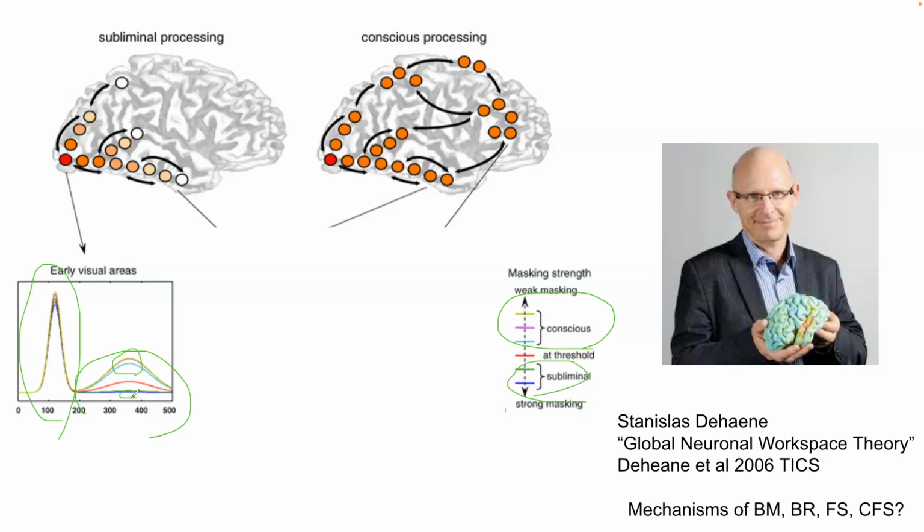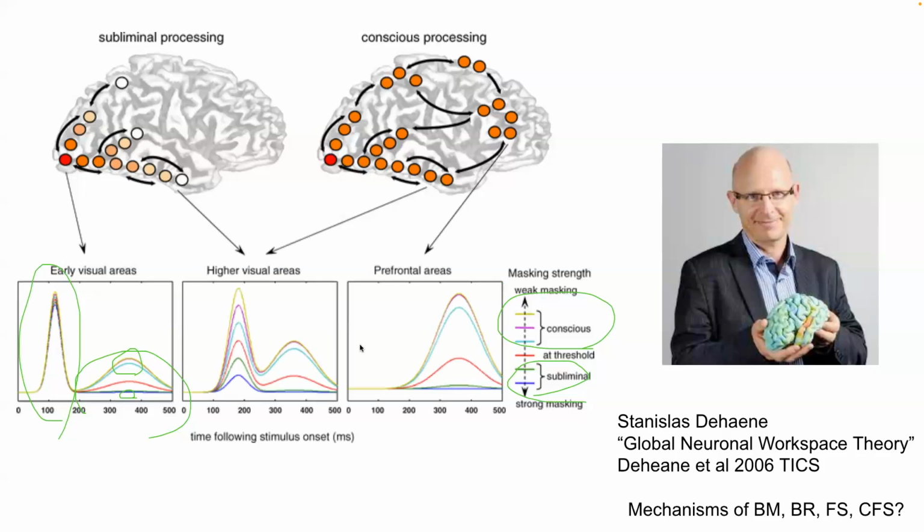You see the difference. The reason is this recurrency-like feedback, according to Stan Dehaene. Dehaene says that it is the prefrontal cortex and also parietal areas that show this bifurcation between the conscious and unconscious case, which can enhance activity at a later time through this feedback loop or not.